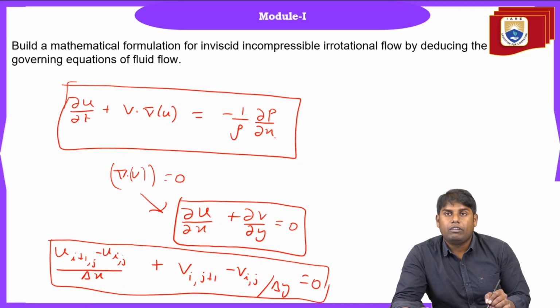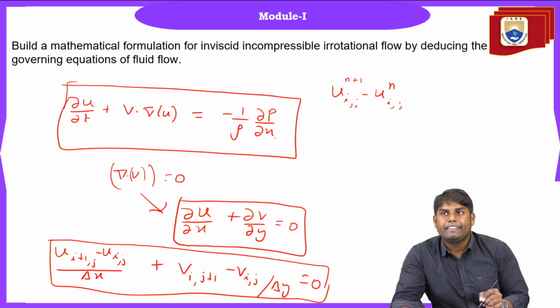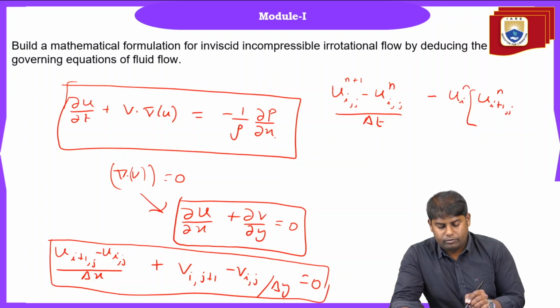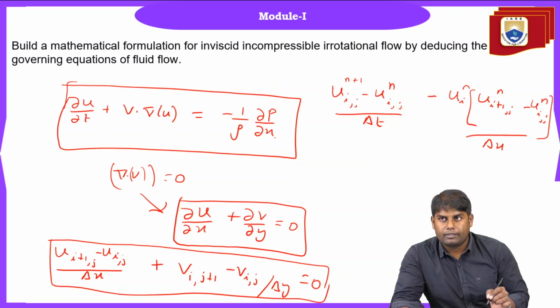So here we write this one where you can see u of i to the power of n plus 1 minus u of i to the power of n, so i comma j, divided by delta t, minus u of i into u of i plus 1 comma j to the power of n minus u of i comma j to the power of n divided by delta x.